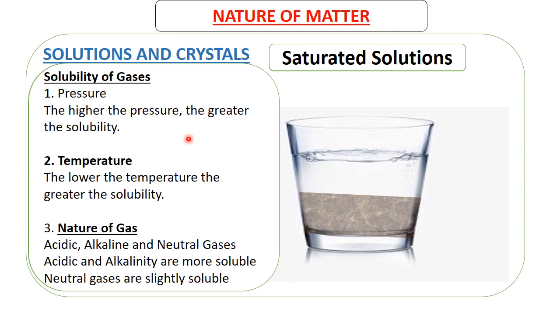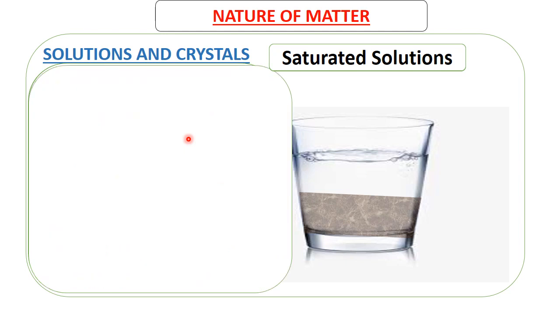Let's move on to what are called saturated solutions. What happens when you put sugar in a cup and you stir? The sugar will dissolve. And if you put more sugar and you stir again, the sugar will dissolve. At some point, the sugar won't be able to dissolve, regardless of how much sugar you put or how hard you stir.